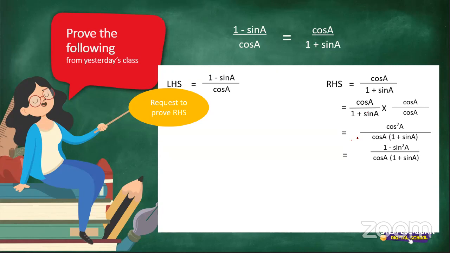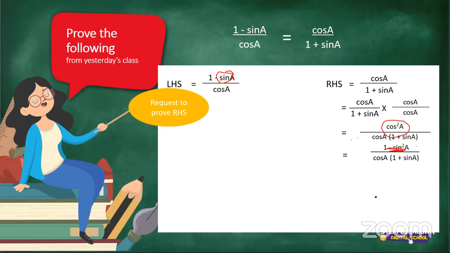Apologies, guys. When we have that, we have now applied our Pythagorean identity, which states that sine squared A plus cos squared A is equal to 1. So we have translated cos squared A into 1 minus sine squared A. We did that simply so that we could start having a view of the sine function in our numerator as well.